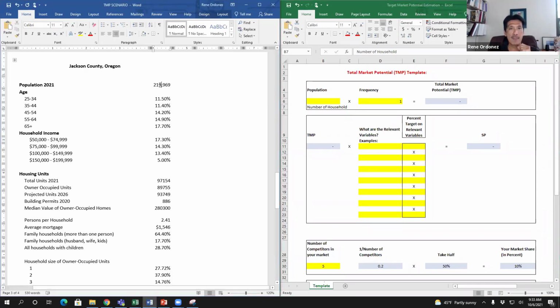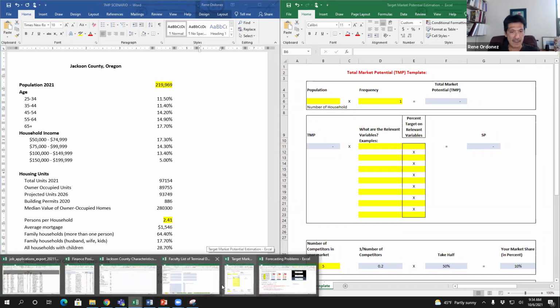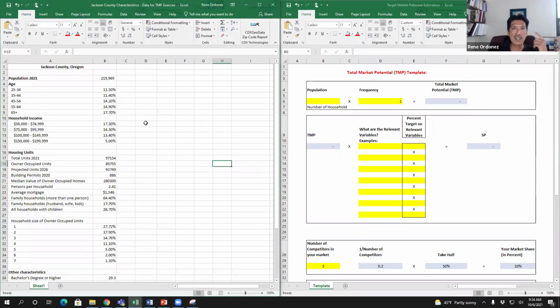Namely, we know the population of Jackson County is this. There's another piece of information that says the average persons per household is 2.41. Based on these two pieces of information, we will define the population as number of households. Let me pull up the Excel worksheet to do the calculations.